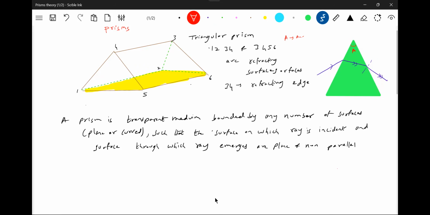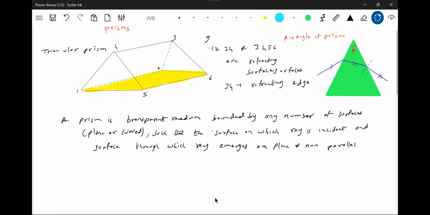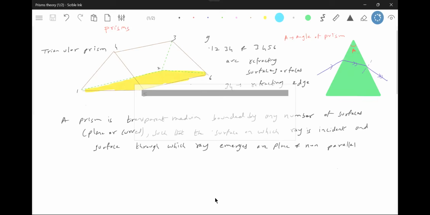What is A? A is called the angle of prism. So the angle between the refracting faces is called the angle of prism, and this will be a plane diagram. This will be the three-dimensional one, and what we discuss in most of the problems will be a triangular prism. Our syllabus will confine ourselves to the triangular prism.